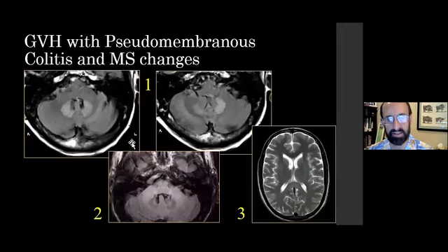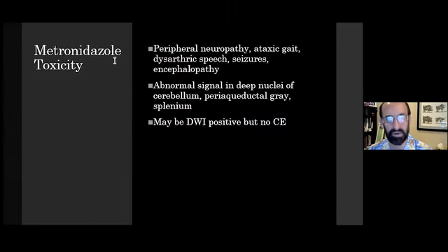Here's another example of a patient who has graft versus host disease, had pseudomembranous colitis, and then developed mental status changes. The findings here are the bright signal intensity bilaterally in the dentate nucleus, as well as in the brainstem and middle cerebellar peduncles, as well as abnormal signal intensity in the splenium of the corpus callosum. This was an example of metronidazole toxicity.